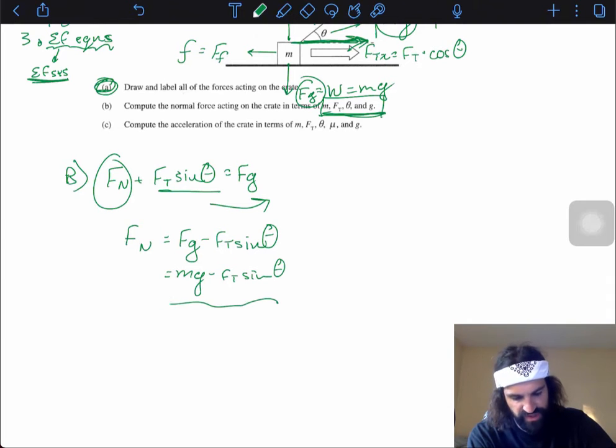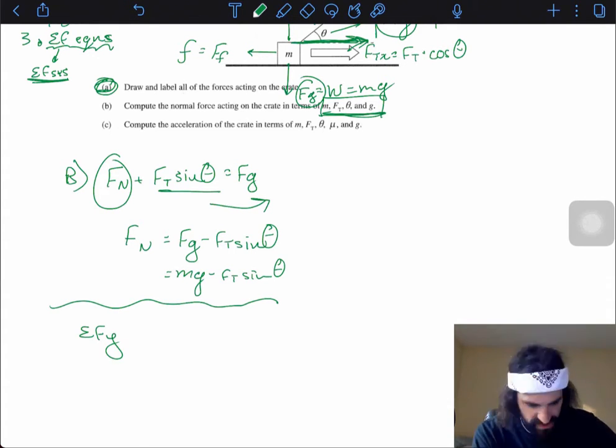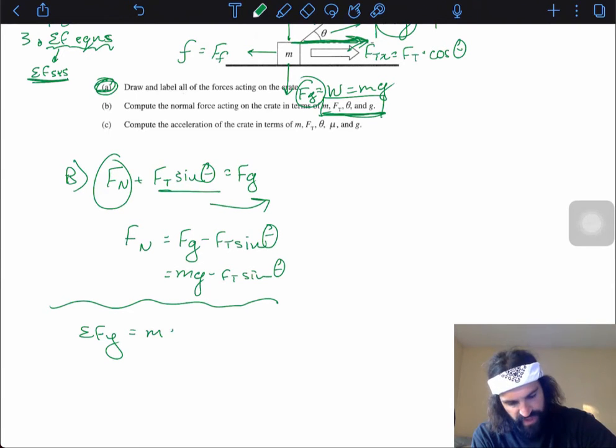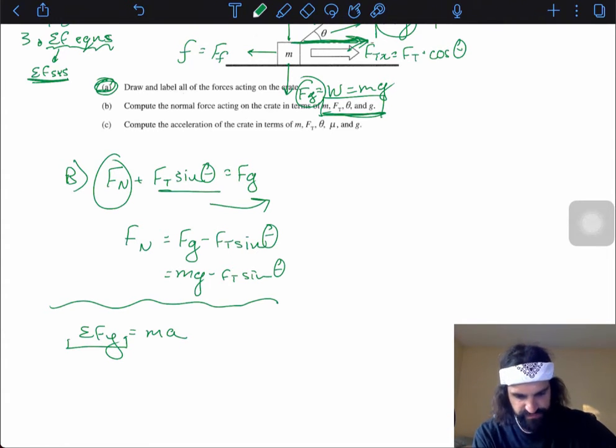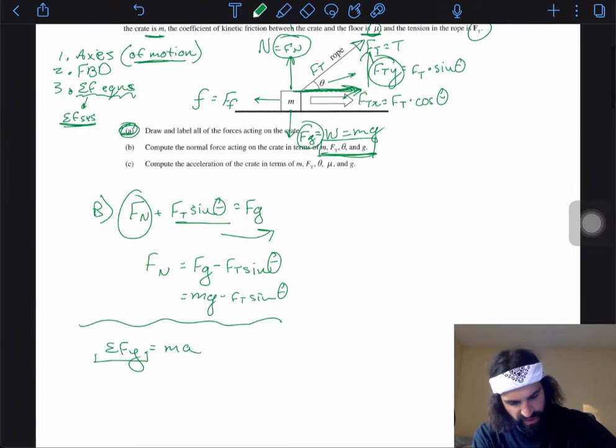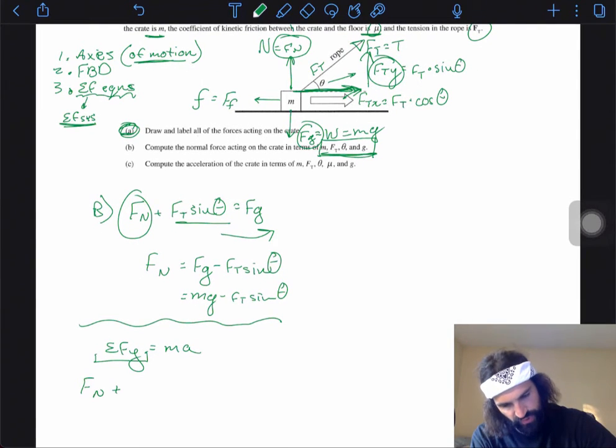But I told you there was another way. If you want to do this with net force equations, normal forces along the y-axis. So we're going to do net force for the y is equal to ma, your F equals ma equation. Net force equals mass times acceleration. Net force is the sum of all forces. And because this is vertical, that would mean normal plus Fty minus Fg equals ma.